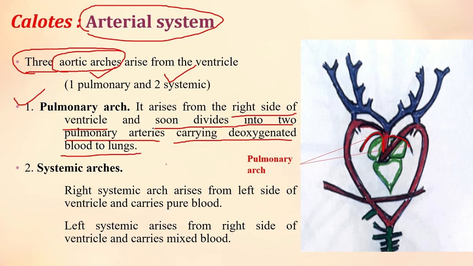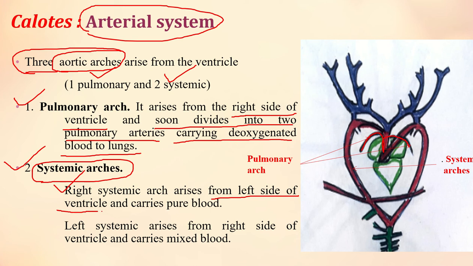Again, there is another main branch called the systemic arch. The right systemic arch arises from the left side of the ventricle and carries pure blood, while the left systemic arch arises from the right side of the ventricle and carries mixed blood.